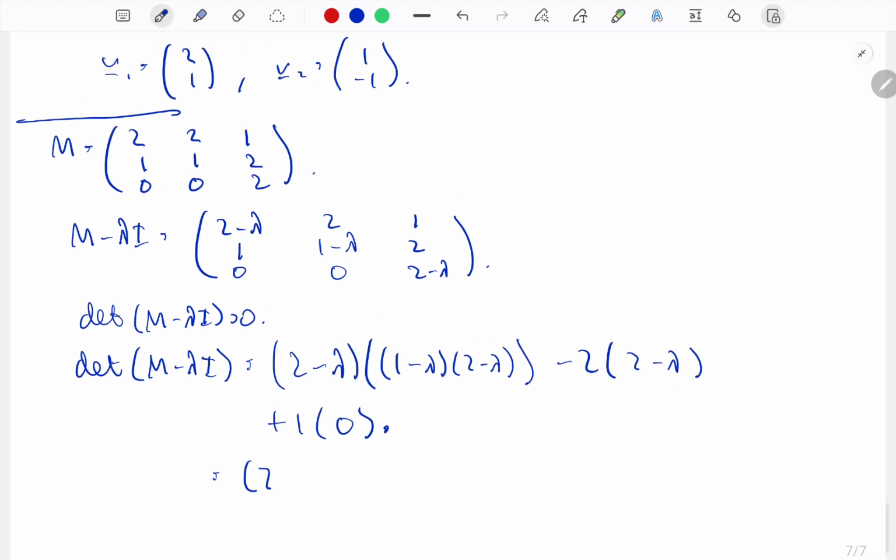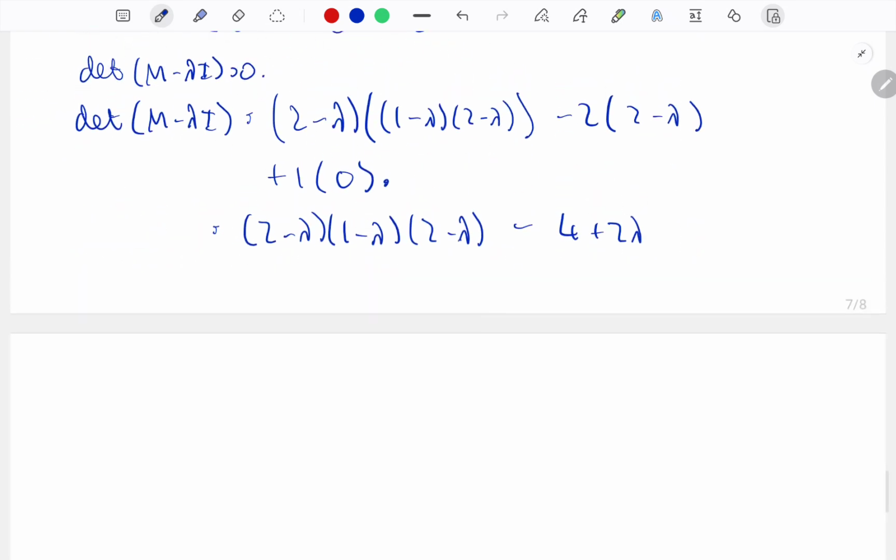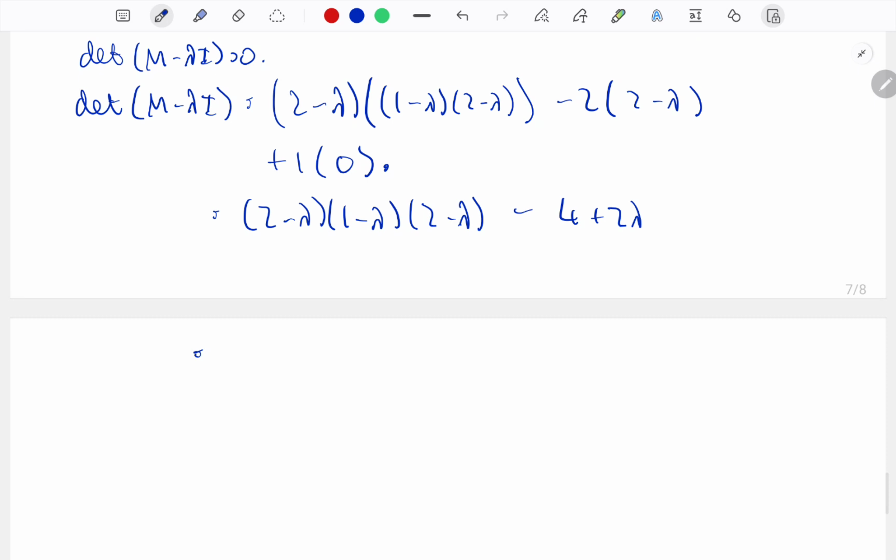So this is equal to (2 minus lambda)(1 minus lambda)(2 minus lambda) minus 4 add 2 lambda, which is equal to (lambda squared minus 4 lambda add 4) multiplied by (1 minus lambda), minus 4 add 2 lambda.